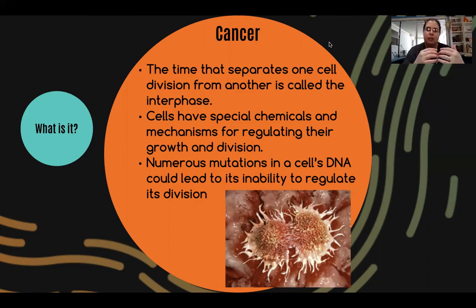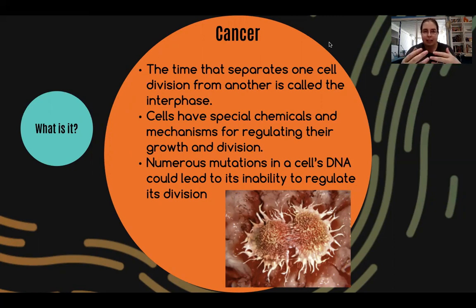There's actual mechanisms, both chemical mechanisms within the cell as well as mechanisms outside the cell that will regulate how a cell should grow, to what size it should grow, as well as when it should divide and how often it should divide. Well, what we found is that certain mutations, or mutations in certain parts of the DNA, I should say, actually affect the cell's ability to regulate its own division, meaning it can grow faster than it should, which will then lead to division at a much quicker rate.